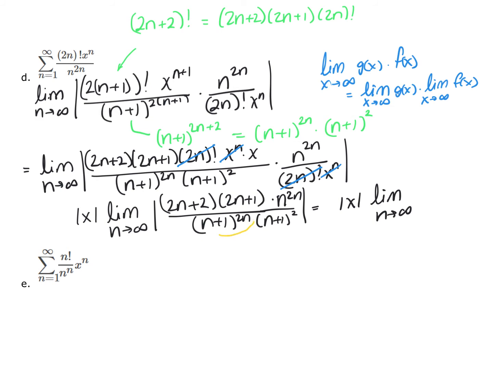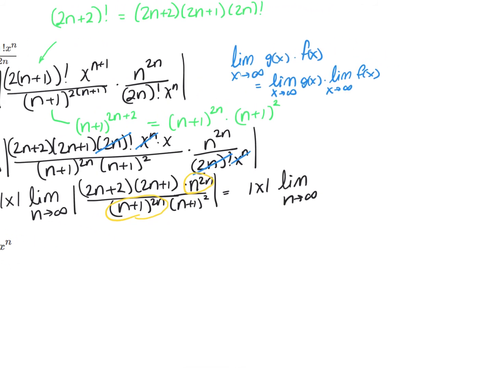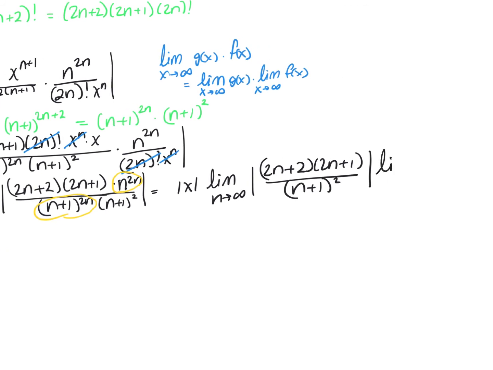I'm going to isolate this one and this one. And the reason I'm doing that is because they're both raised to the 2n. So this is going to be the absolute value of 2n plus 2, 2n plus 1, over n plus 1, the quantity squared, multiplied by the limit as n goes to infinity of n over n plus 1 raised to the 2n, because they both have the same power.